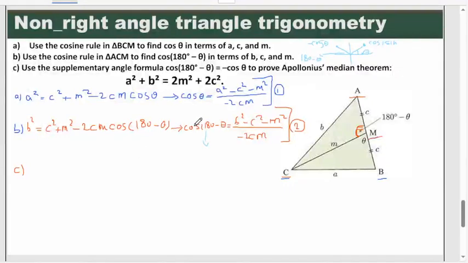So instead of cosine of 180 minus theta, I put negative cosine of theta equals B squared minus, I factor this negative between C and M, so minus C squared plus M squared over negative 2CM.